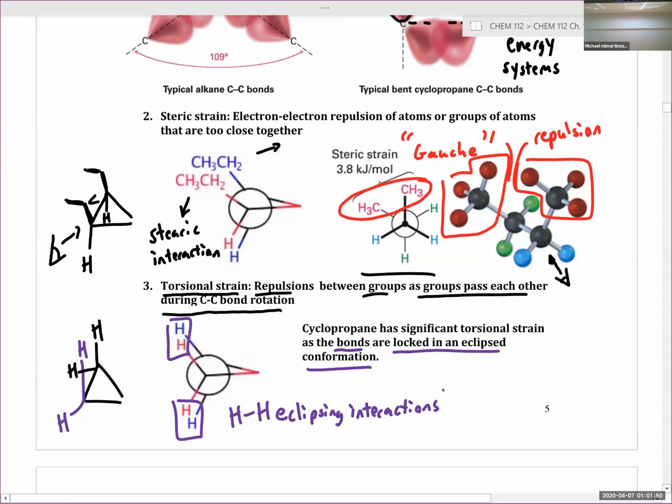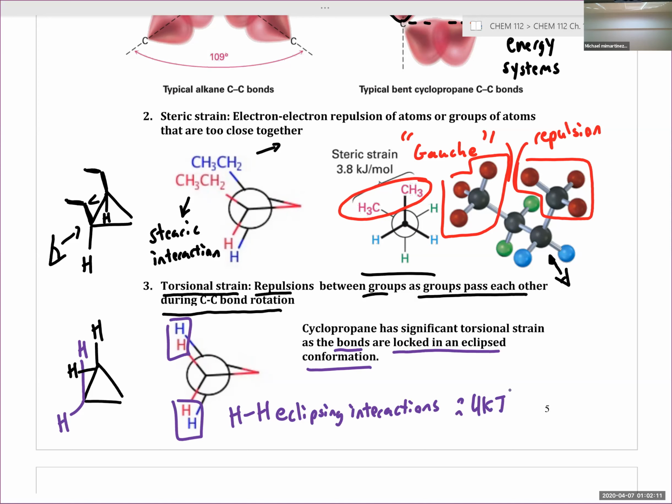As we can see, these eclipsing interactions are quite destabilizing. This costs us about 4 kilojoules per interaction. So this really adds up if we have a ring full of hydrogen-hydrogen eclipsing interactions.